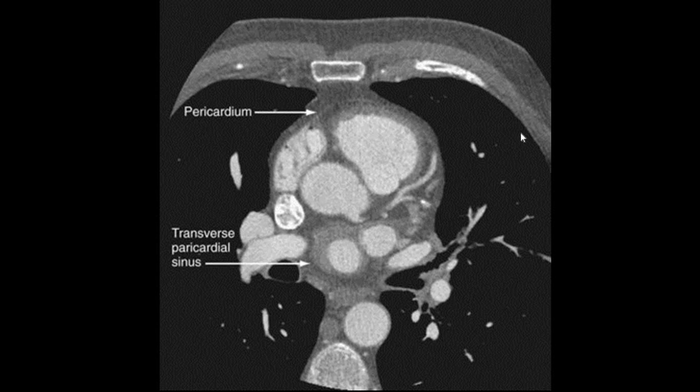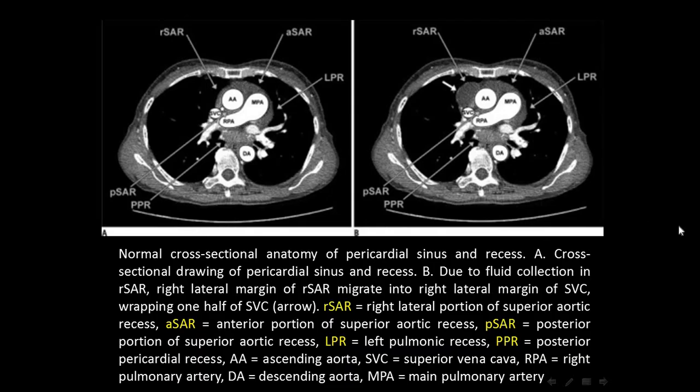Let's have a look at this axial CT image. So this thin sheet-like isodense structure is the pericardium. Minimal fluid within the pericardium is normal. This is a portion of the transverse pericardium here. So this is not any pathology. Then we have a look at this image.